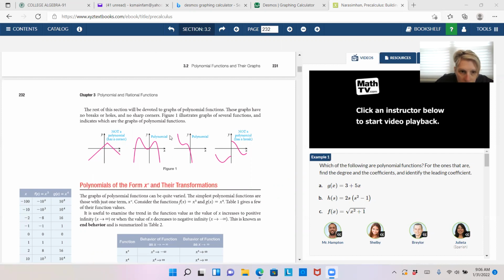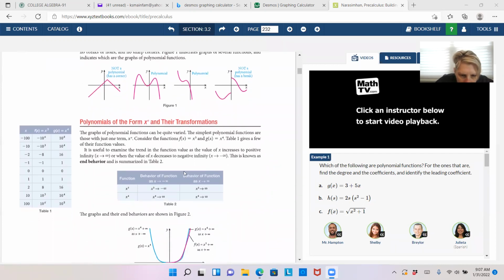The second and the third ones are polynomials. You can see that they're smooth, even though they kind of curve up and down. And we're going to learn about what tells you whether it's going to be facing down or facing up, or one down and one up. But the last one is not a polynomial because there's a break in it.